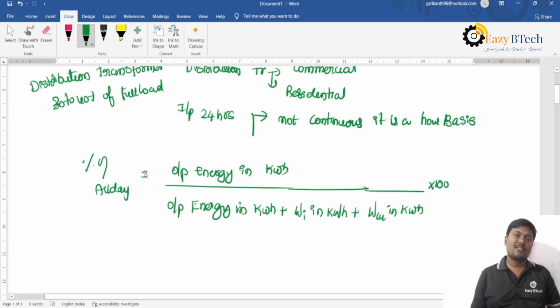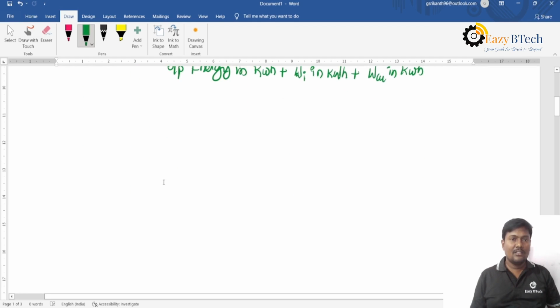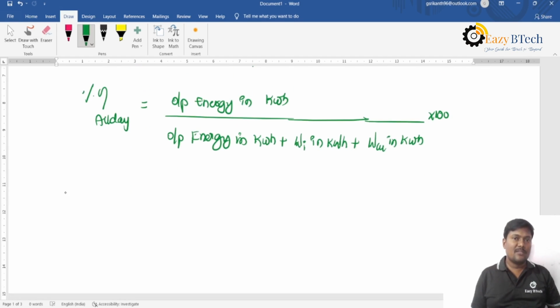Hour basis means power multiplied by hour. We know that power multiplied by time is called the energy. So this is about the all-day efficiency.